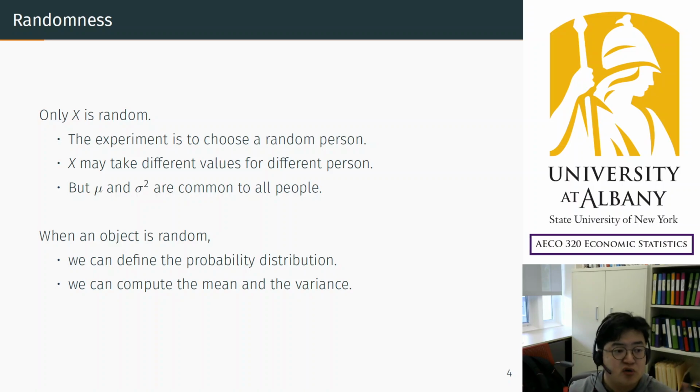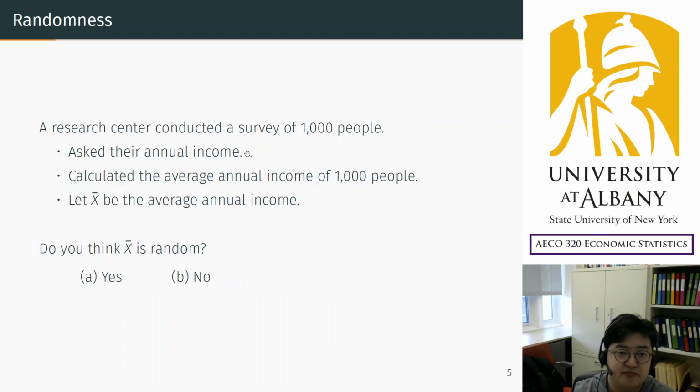And also, you can compute the mean and the variance, right? As long as you can repeat the experiment a certain number of times, calculating probability, mean, and variance is always possible, for any random variable. So I said this. Then let's think about this.